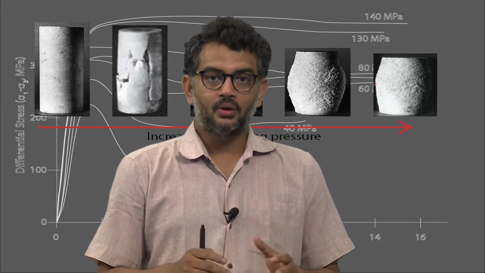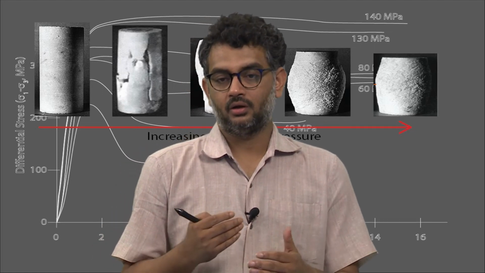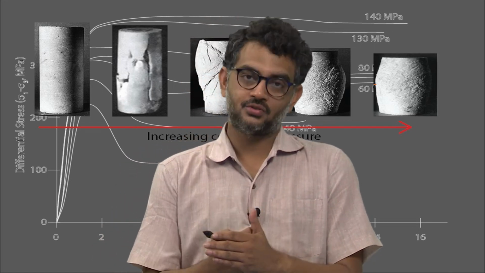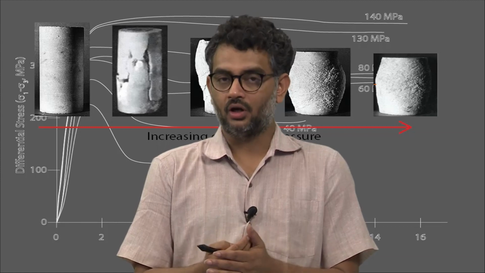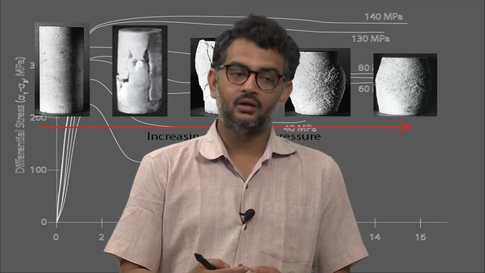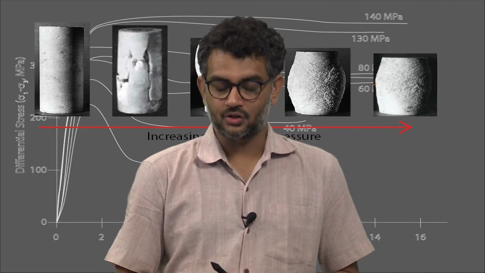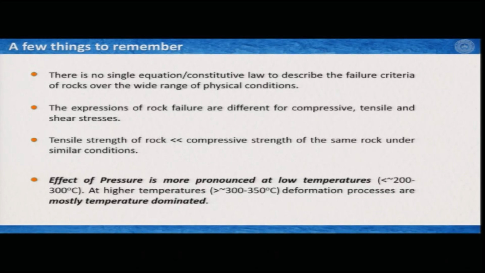And there is one very important thing to remember, that if you are applying compressive stress, then the strength of the rock is much higher than under tensile conditions. So, all these statements are prerequisites in understanding the flow of rocks at different pressure and temperature.